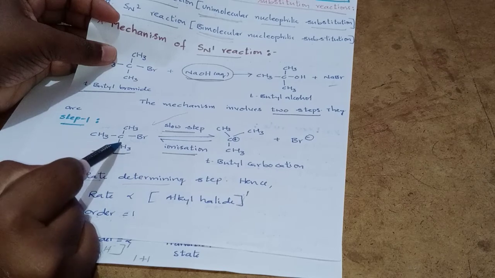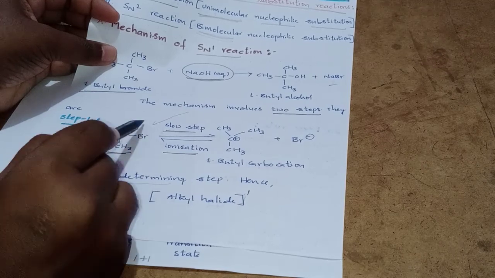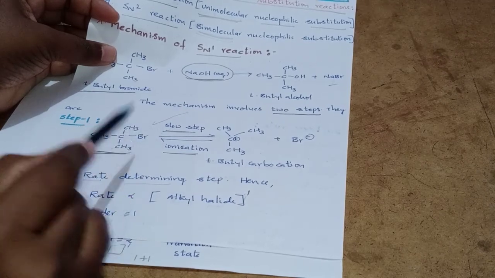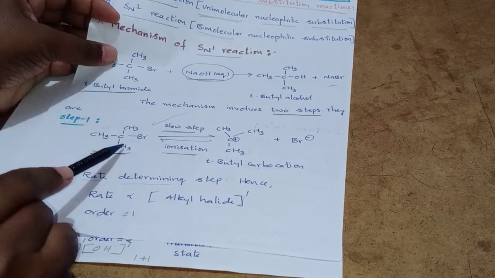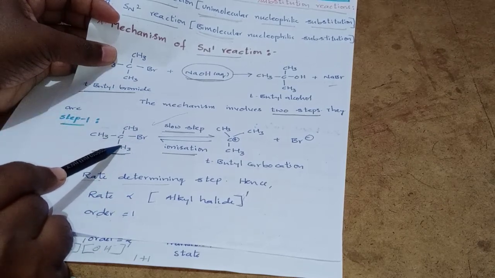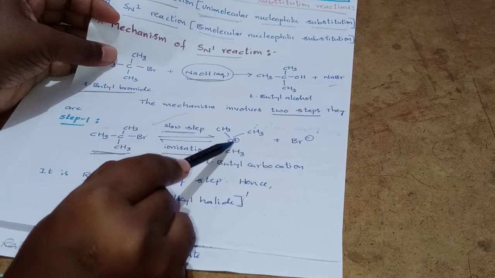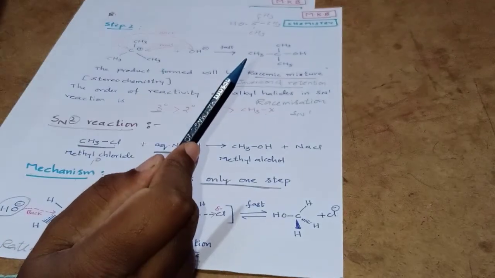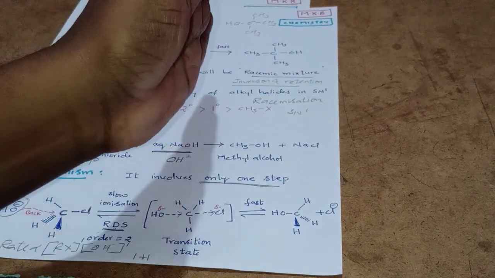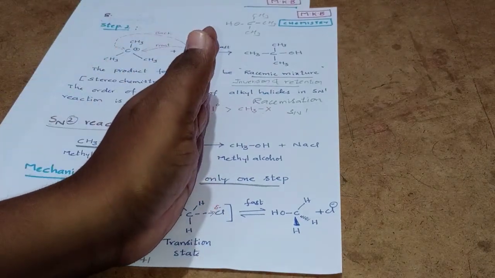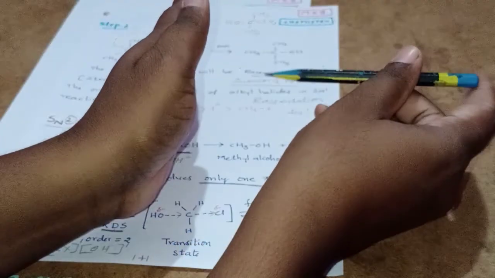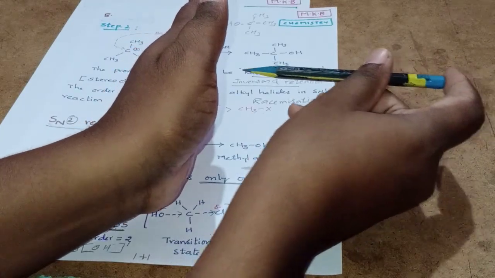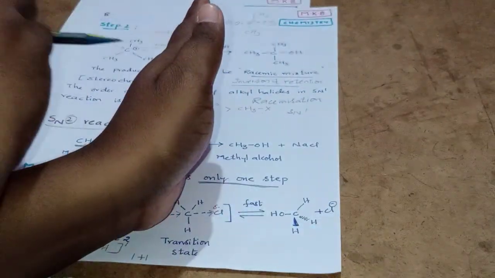If it tries to attack from back side, all the methyl groups are very large groups, so there is no sufficient space here from back side and also from front side, and that's why initially the tertiary butyl bromide ionizes into a planar carbocation. After the formation of the planar carbocation, this is the plane of the molecule, so that the hydroxide ion in the second step can attack from front side or from back side.